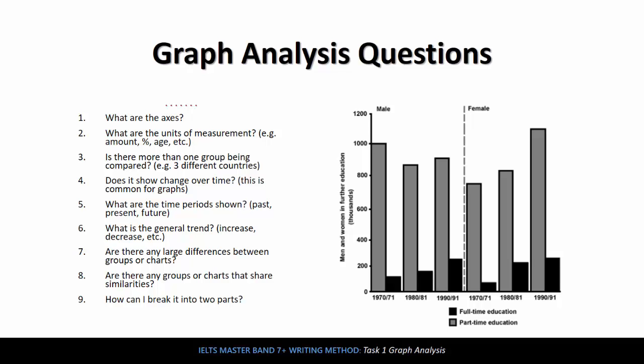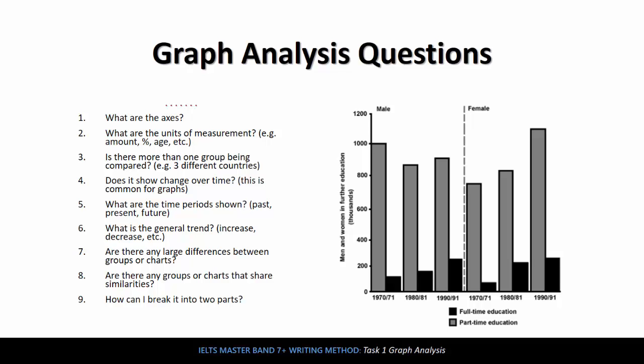Those are some general trends. Number 7, are there any large differences between groups or charts? Well, full-time education is much less than part-time education in general, and the only chart that doesn't increase the entire time is male part-time education.